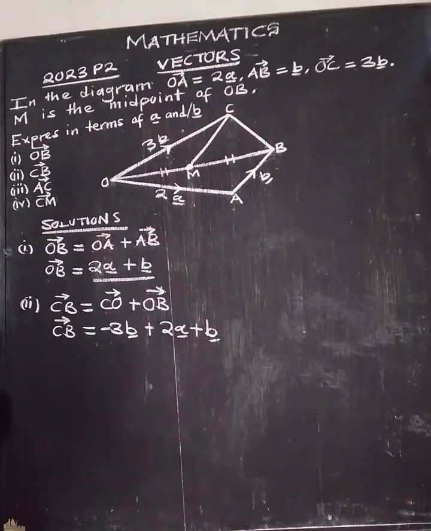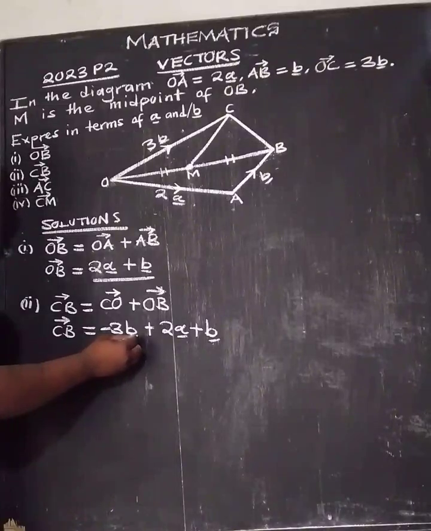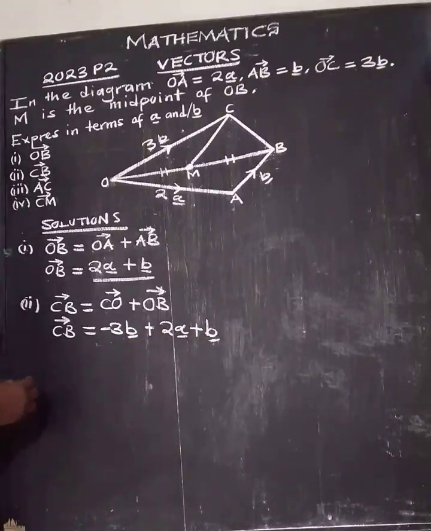Are we moving together, people? Now at this point, you realize these two are like terms. We have got a B, we have got a B. So we're going to group the like terms.